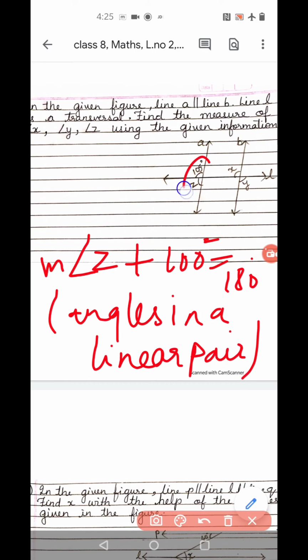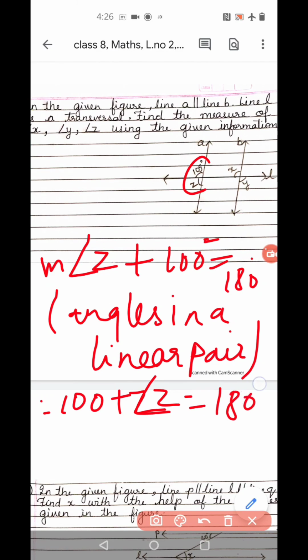You can see these two angles. Therefore we have 100 plus Z equal to 180 degrees, that is, measure angle Z is equal to 80 degrees. So here we get all three angles: X is 100 degrees, Y is 100 degrees, and Z is 80 degrees.